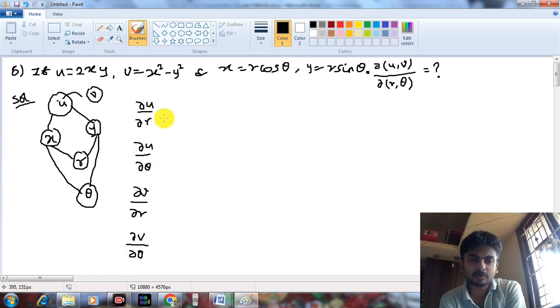From this diagram we can find this formula.